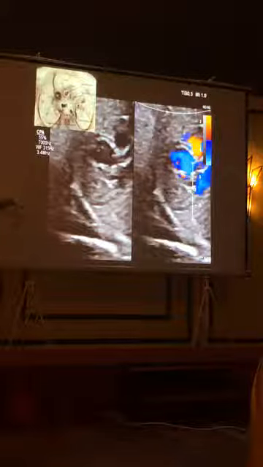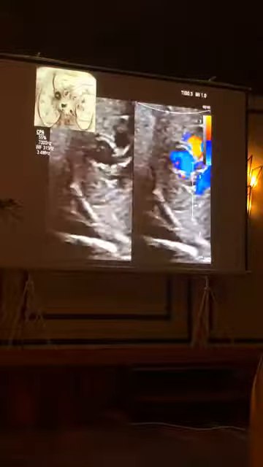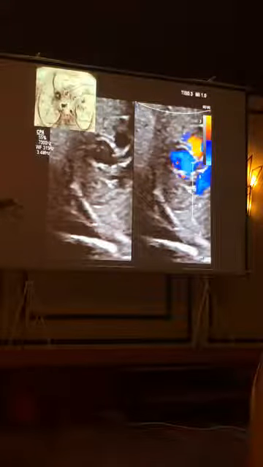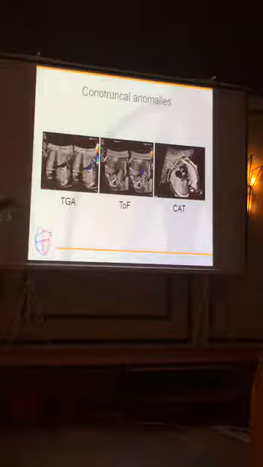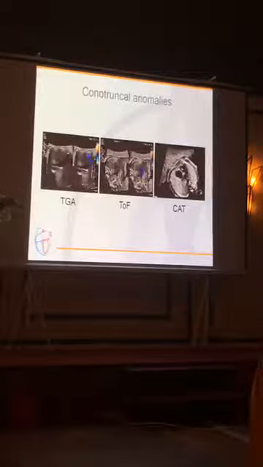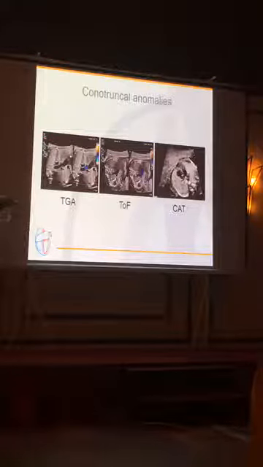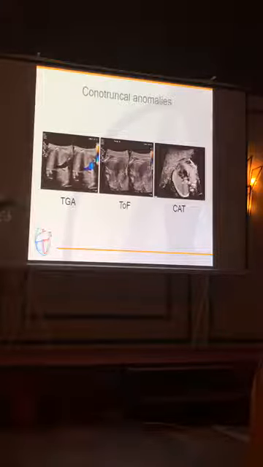So it's important to standardize your views, and you have to be sure that you are interpreting a proper image, because, of course, sometimes the image that you have may be suggestive of some pathology, but it's absolutely normal. And we already could see transposition of great arteries, and there were some signs in three-vessel trachea view.